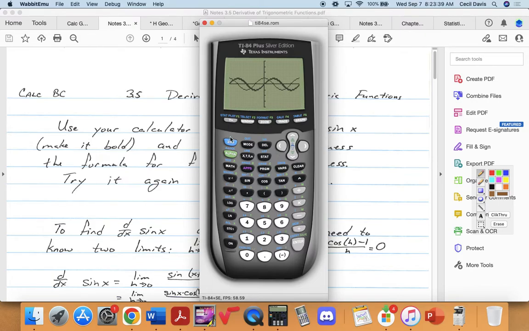Now, if you know that, you might assume that the derivative of cosine is sine. It is not, but it's not far from it. So if we go back to this and change this one to cosine, and we graph it now, here's cosine, which graphs very quickly, and here's its derivative.